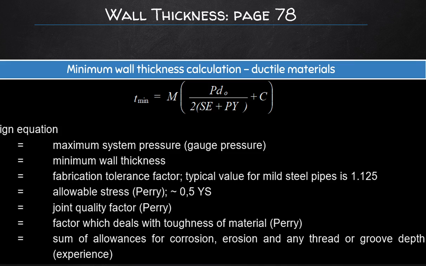Pipes are often specified by a schedule number, which you would have seen previously, which is based on the thin cylinder formula used to define pipes typically, and separately from high pressure pipes.